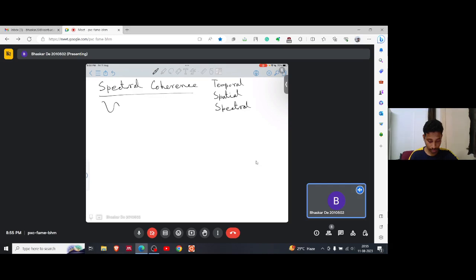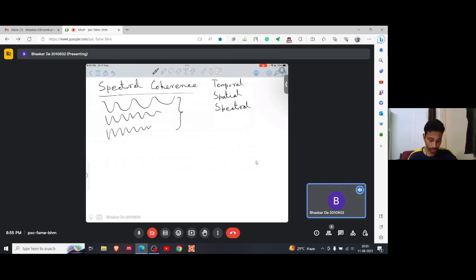For example, this is a particular wavelength of light, then this is another wavelength, and then this is another wavelength. So there has to be a certain phase relation between these different wavelengths of light.